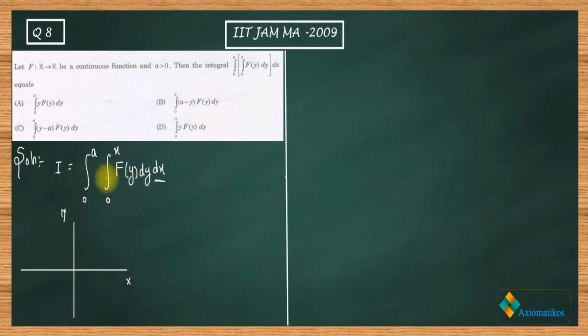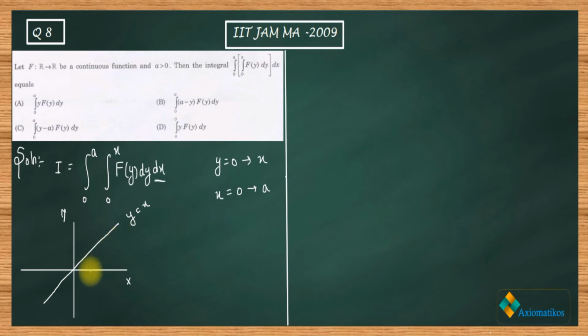Now let us see how many curves you have. You have y moving from 0 to y is equal to x, and x moving from 0 to a. So you have y is equal to 0 and y is equal to x. Let us draw the line y is equal to x.